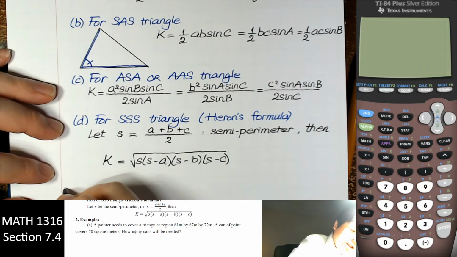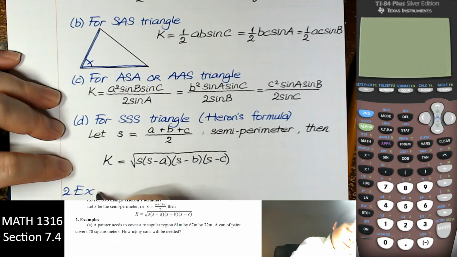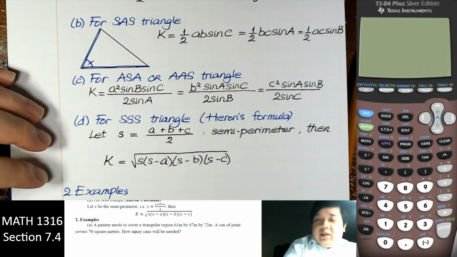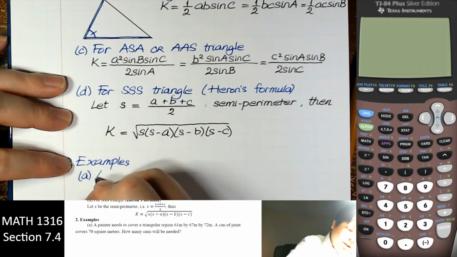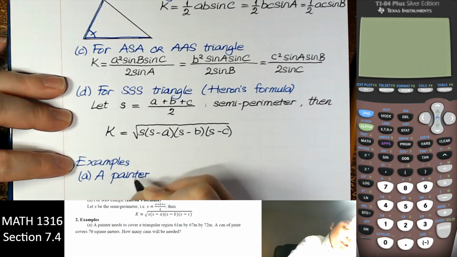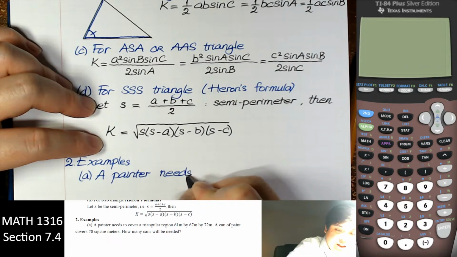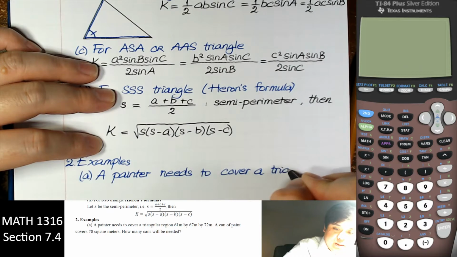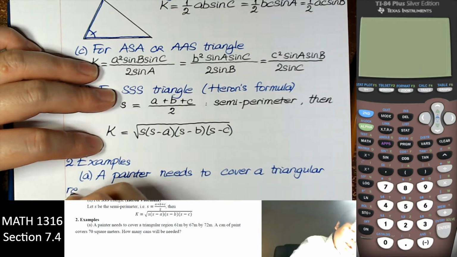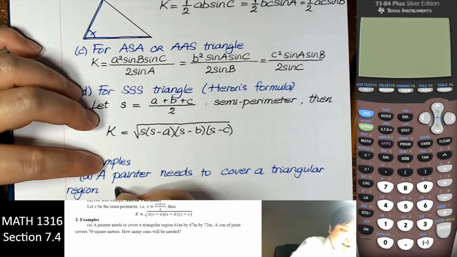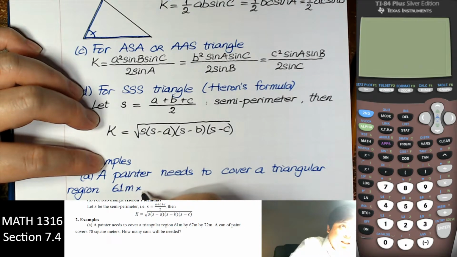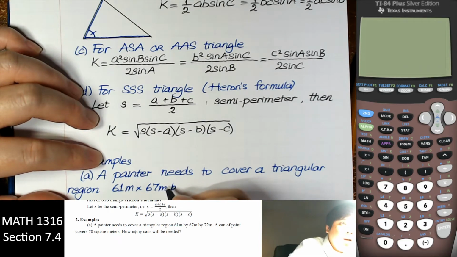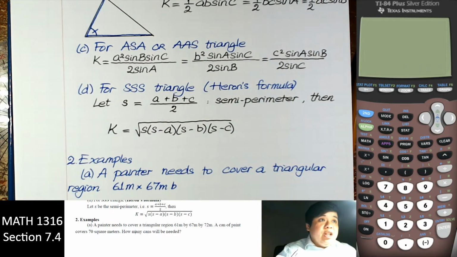Let's do a couple of examples. A painter needs to cover a triangular region with sides 61 meters, 67 meters, and 72 meters.